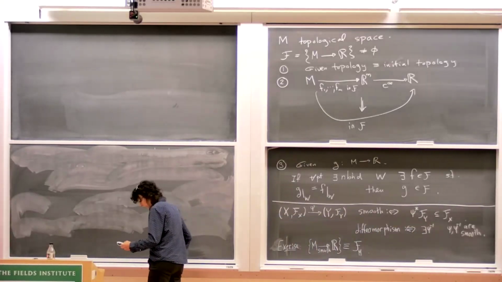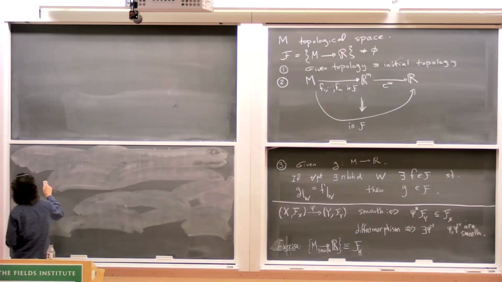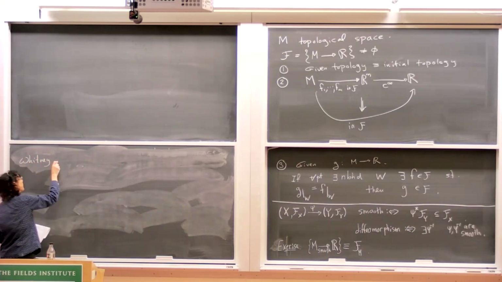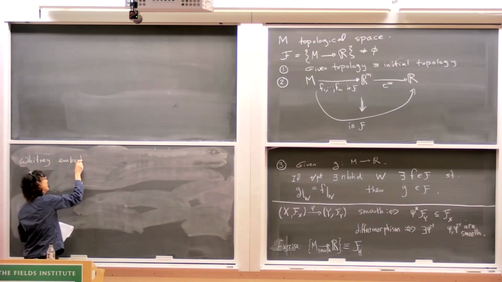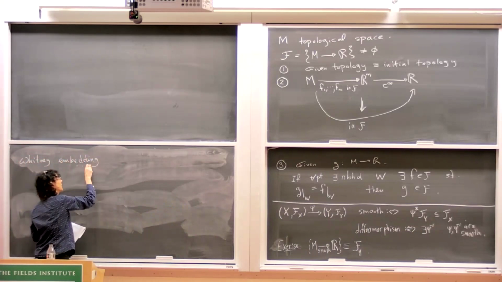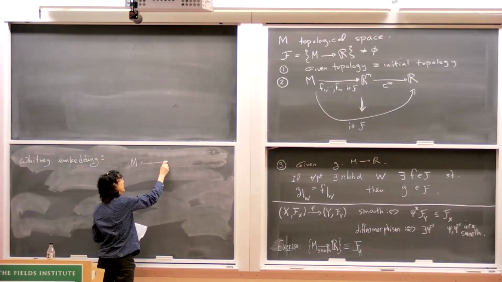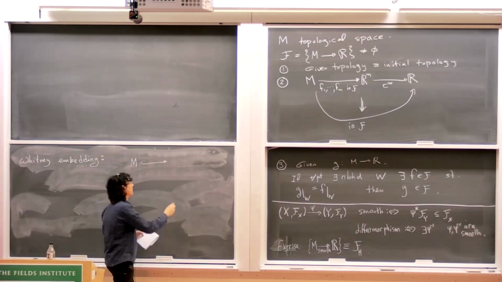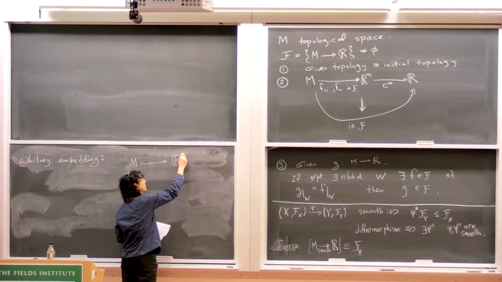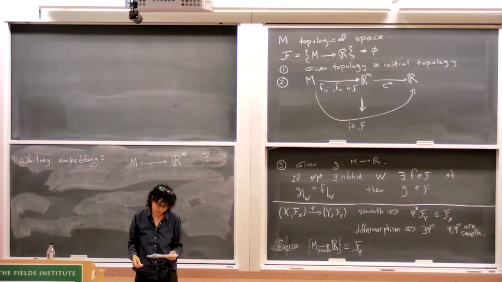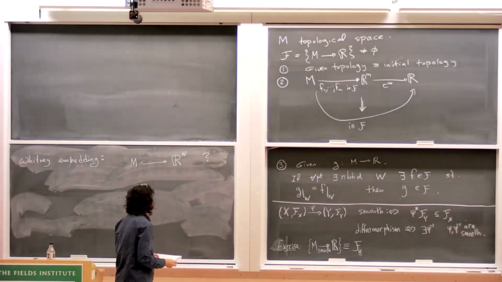Subcartesian spaces do often admit Whitney embedding. What I mean is this: if I have a subcartesian space, I can ask whether it is diffeomorphic to a subset of some big Cartesian space. We have some necessary conditions.